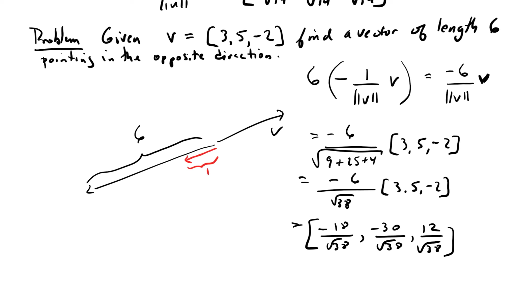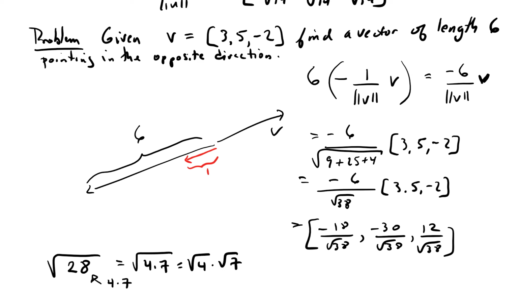Maybe one thing about simplifying square roots. Let's say you have something like square root of 28. You can always simplify it because in 28 lies a perfect square. 28 is 4 times 7, and 4 is a perfect square. So this is the same as root of 4 times 7, and the square root of a product is the product of the square roots.